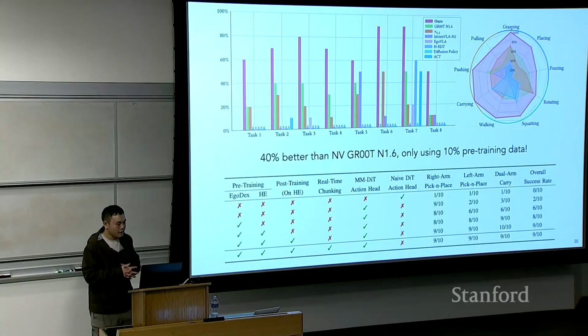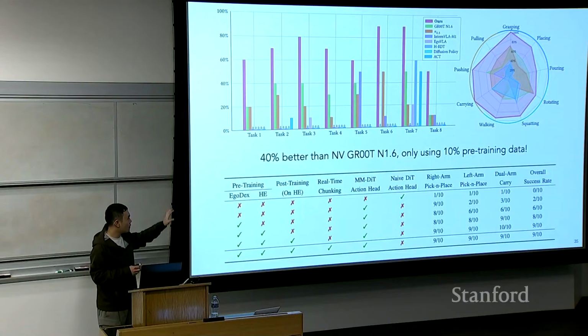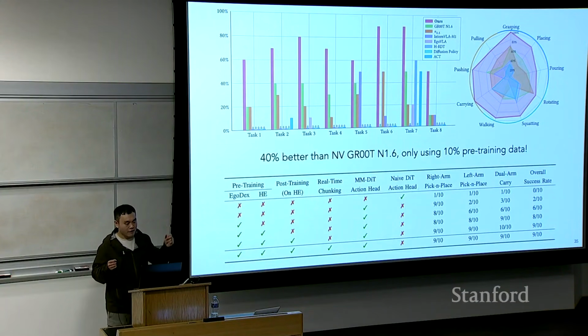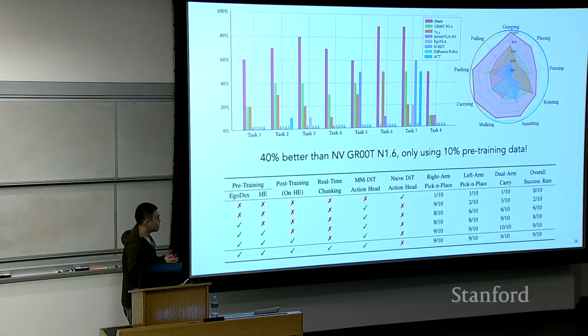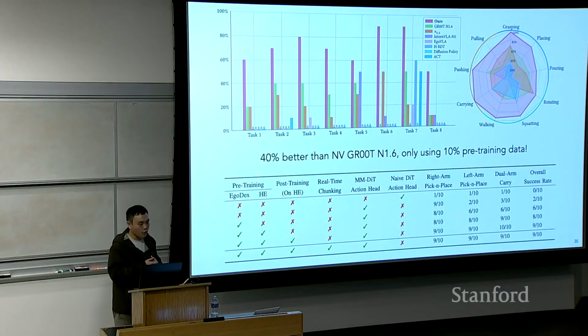And also we have a detailed ablation study to benchmark each submodule of the whole system, and we compare on a very challenging long horizon task. This task involves right arm pick and place, left arm pick and place, and door holding, and the task is only considered a success when all of the subtasks are successful.